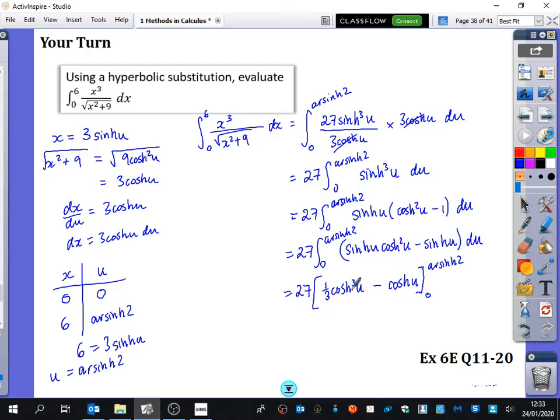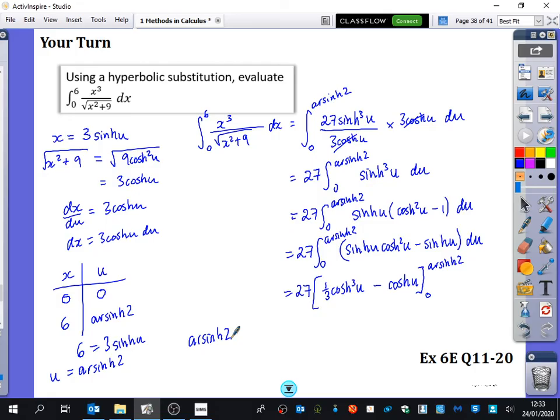So then you just put in u. No, this isn't what u is equal to. This is the value of u when x is that. So what do I do with arcsinh 2? I guess maybe I should convert it to ln.